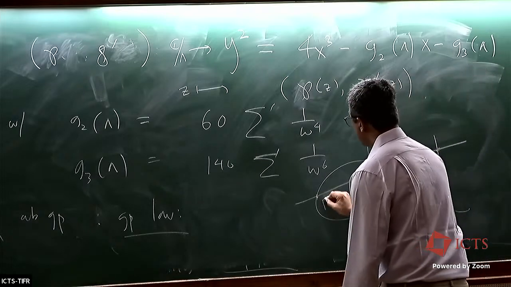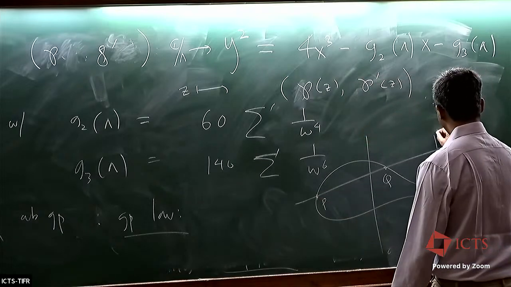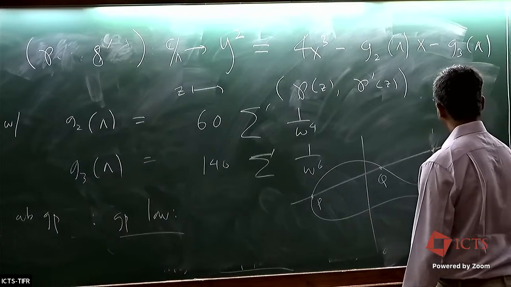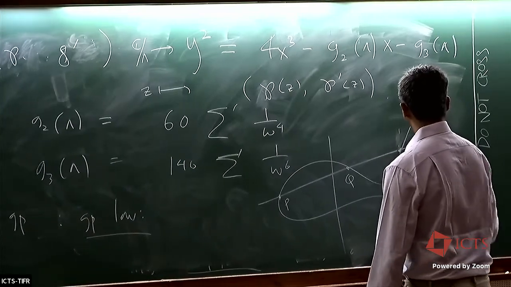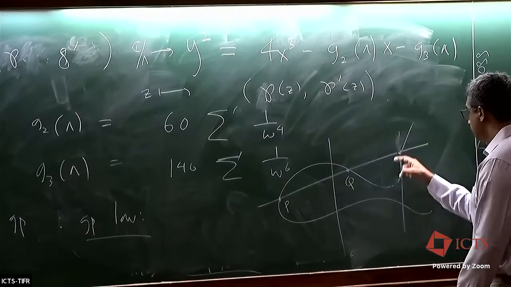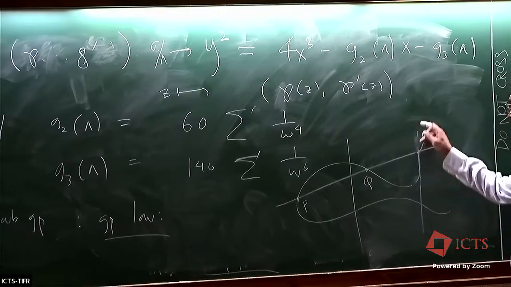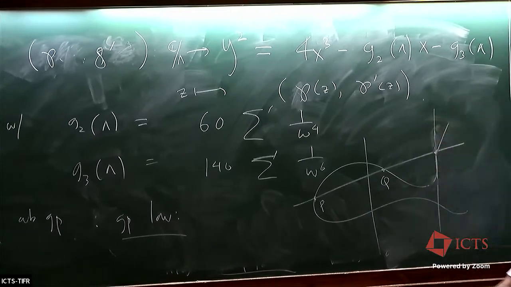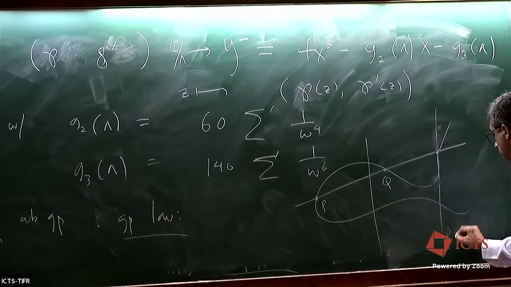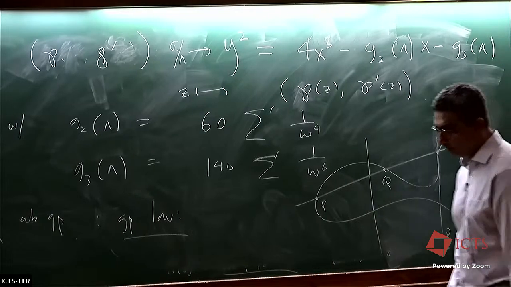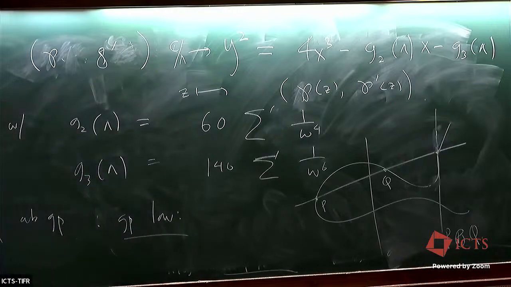You take two points on the cubic, P and Q, and take the line through them. There are three points generically, since this line meets the curve in three points because it's a cubic curve. Take the vertical line passing through the third point. This you define to be P plus Q. This defines a group law on the set of solutions of this cubic equation.